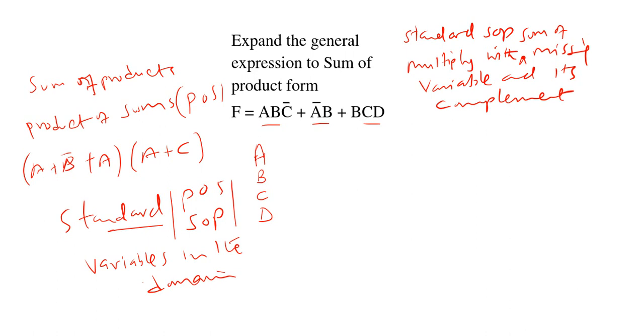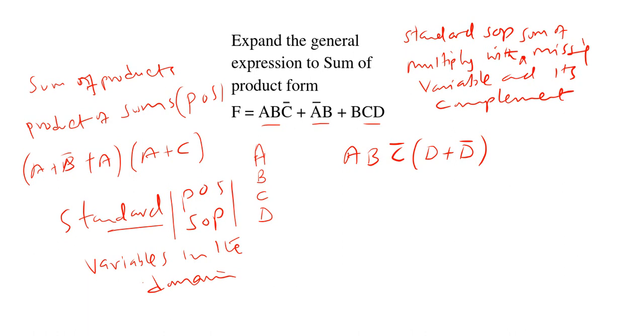So I will take the first one. The first one is A, B, not C, and in this term we are missing a D. So what we do, we multiply with the missing variable, which is D, added to its complement. That is what we have said. You multiply with the sum of the missing variable and its complement.